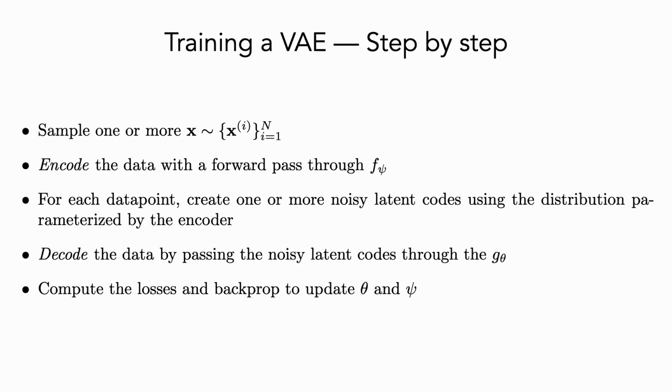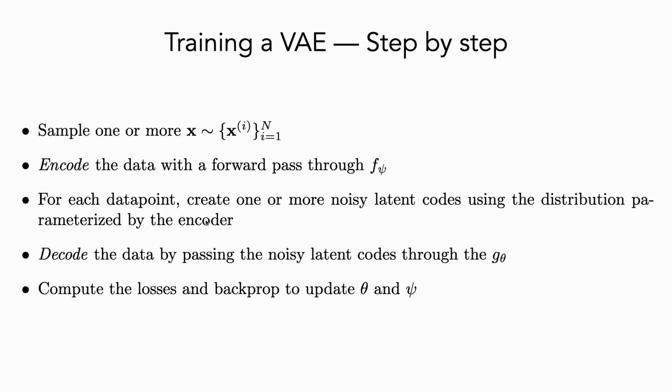OK. So in case some of that was a little bit too abstract, I just wanted to give you the step-by-step, like what would you write in PyTorch to make this happen? It's actually very simple. So to optimize a VAE, I'll sample a data point X from my training set, or maybe a batch of data points. I'll encode the data with a forward pass through my encoder.